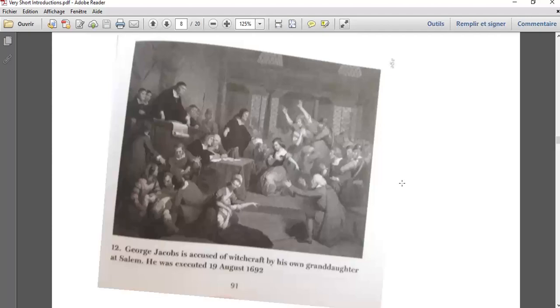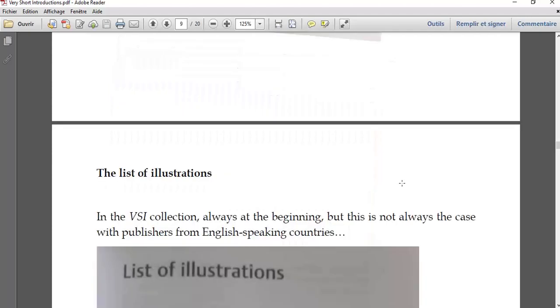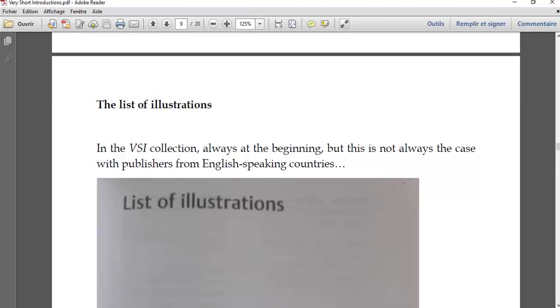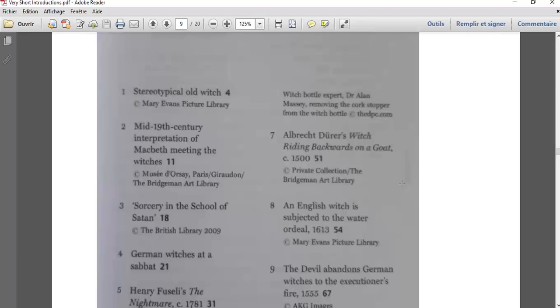The third paratextual element I would like to insist on is the list of illustrations. In the Very Short Introduction collection, the list of illustrations is always at the beginning, but this is not always the case with publishers from English-speaking countries. In some cases, you don't have a list of illustrations. The details are given with each image systematically.